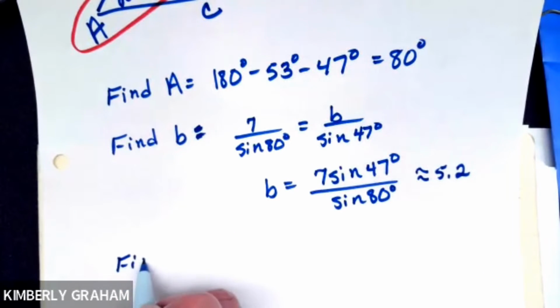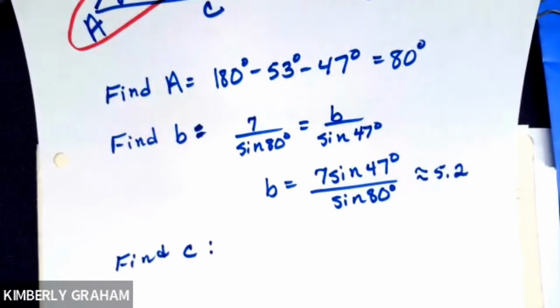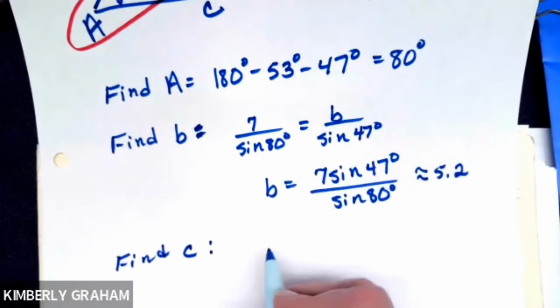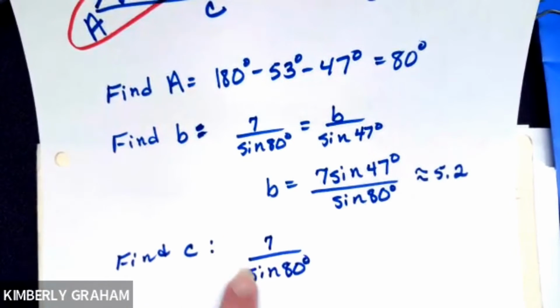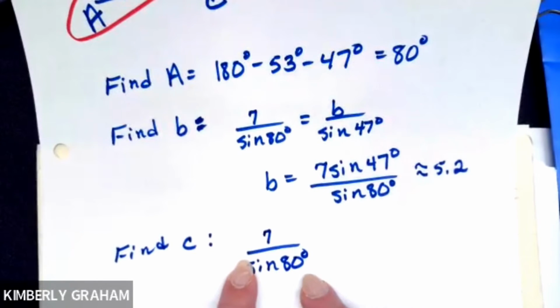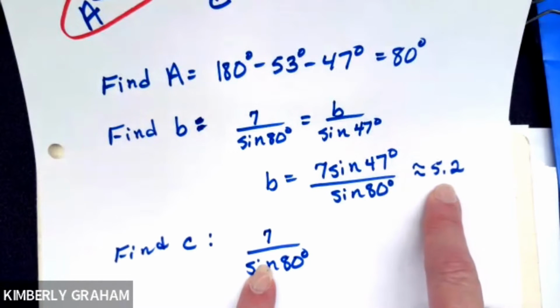And then I need to find side C. So I'm going to do the same type of thing here. I'm given this information. I want to use this information that I'm given instead of this number where I've estimated.